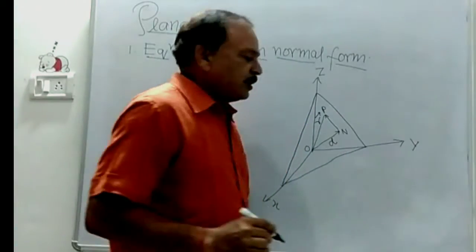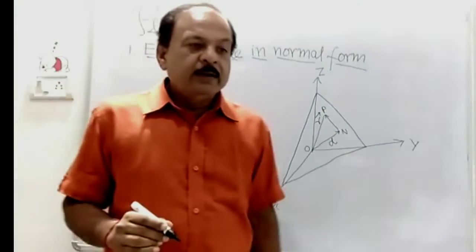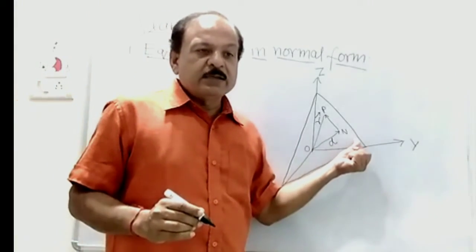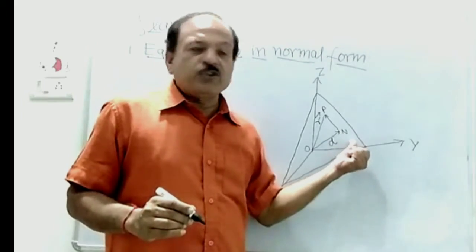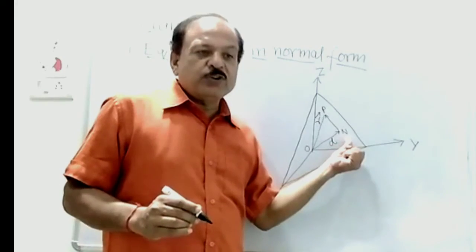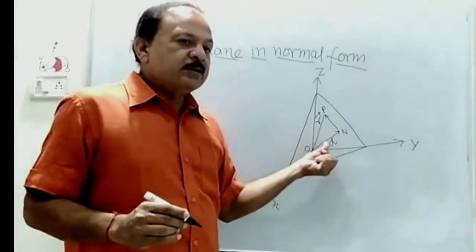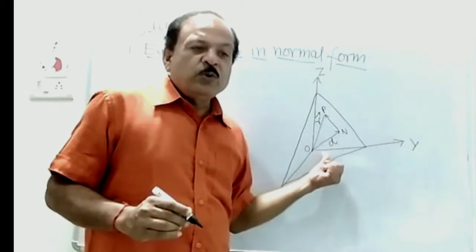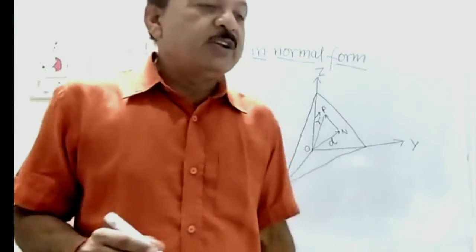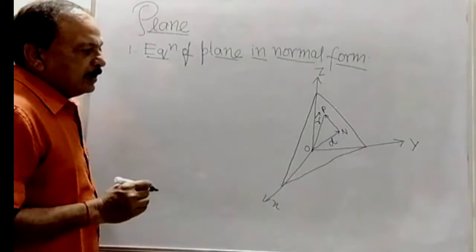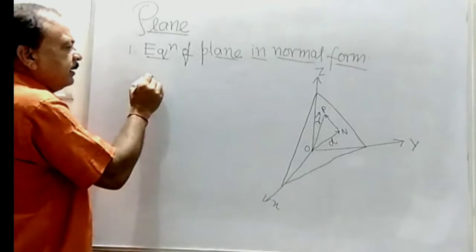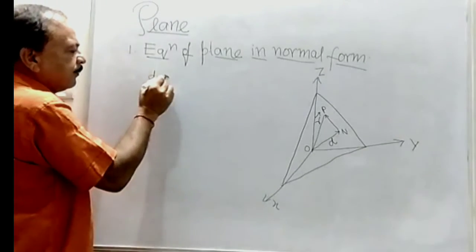Then d is the distance of the plane from the origin, and d is not equal to 0. ON is the normal to the plane from the origin, and let n be the unit vector.